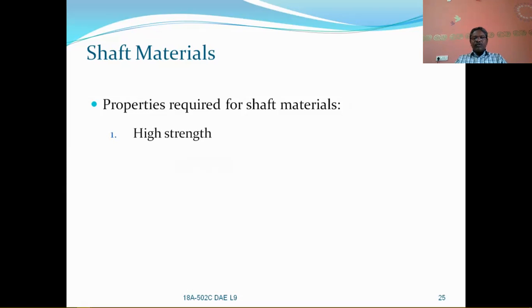The shaft material should have high strength to withstand the various forces acting on the shaft: bending forces, transmission forces, and sometimes axial forces.